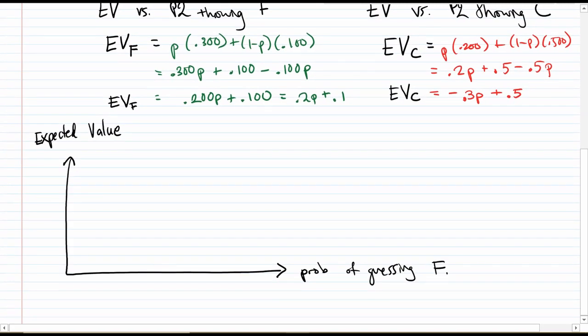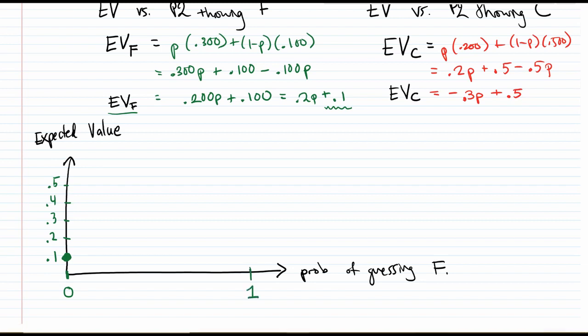Now, okay, so let's graph the expected value versus fastball. We'll graph that in green. So the y-intercept is at 0.1. Just label some tick marks here. And so it will start there. And where will it go? Well, the probability ranges from 0 to 1.